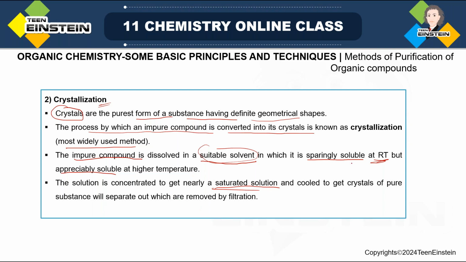And if it is easily soluble at room temperature, then also you have to saturate it, because that means you have to increase the possibility of crystallization. So you have to make it more saturated. Fine. So it depends whether you have to heat it more so that you can get a saturated solution and easily get the crystals of pure substance.